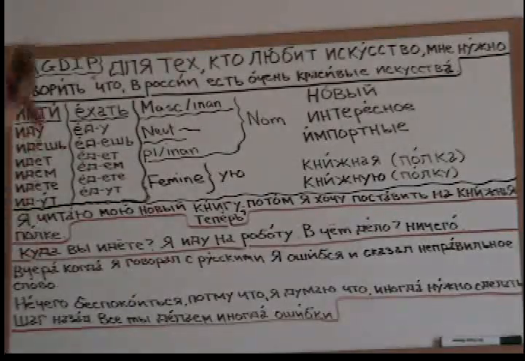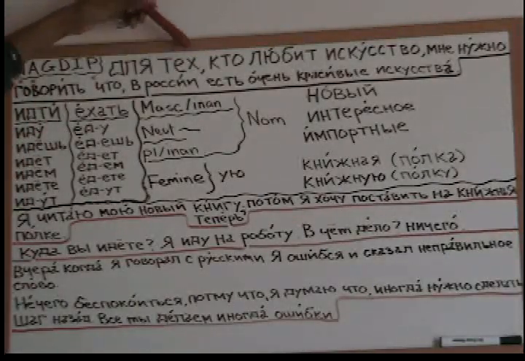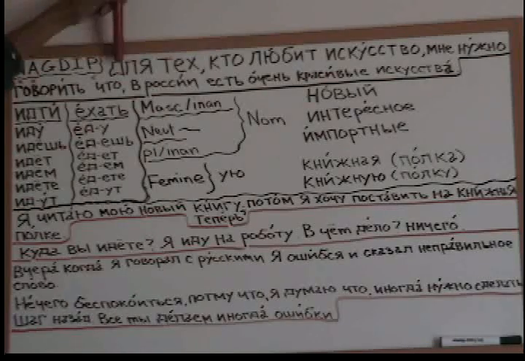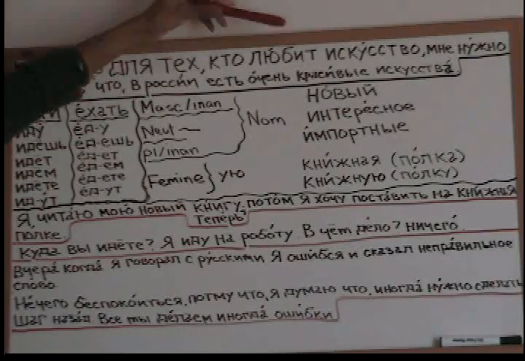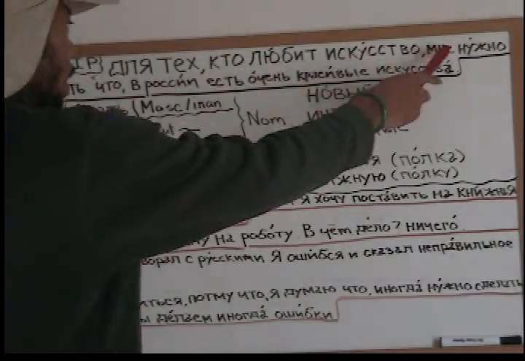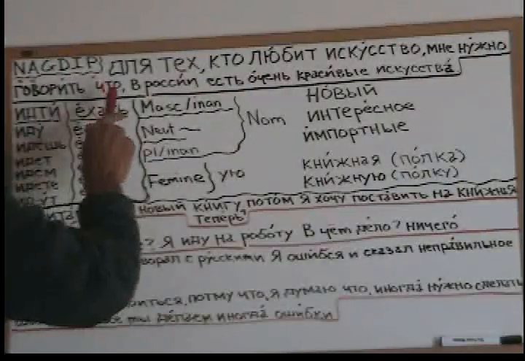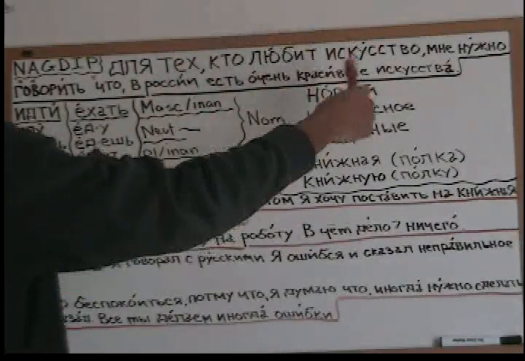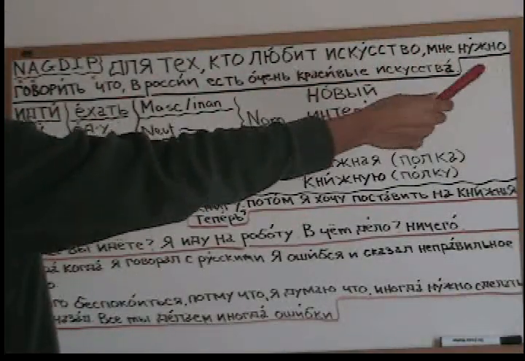Alright? So this "для тех," we'll talk about that later. But this is for those who love art. For those who love art, I have to say that in Russia, there's a lot of beautiful art.